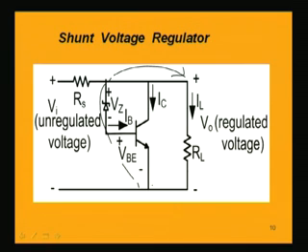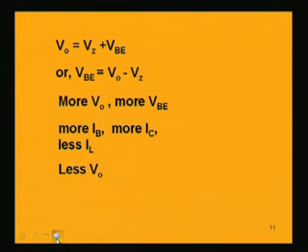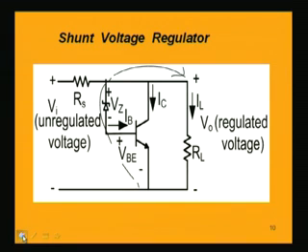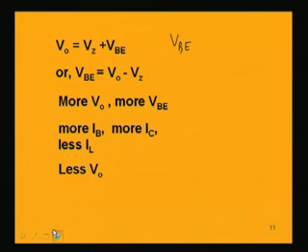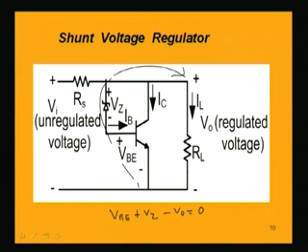It will be VBE plus Vz minus V naught equal to 0. VBE, we are starting from this point, so VBE rising voltage plus Vz minus V naught equal to 0. So that means we can write down V naught equal to Vz plus VBE.